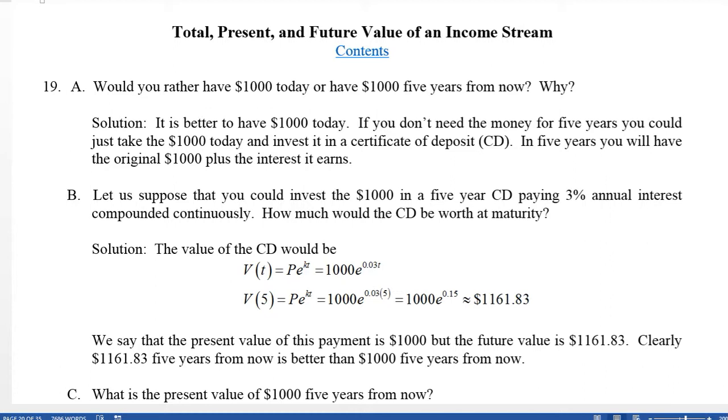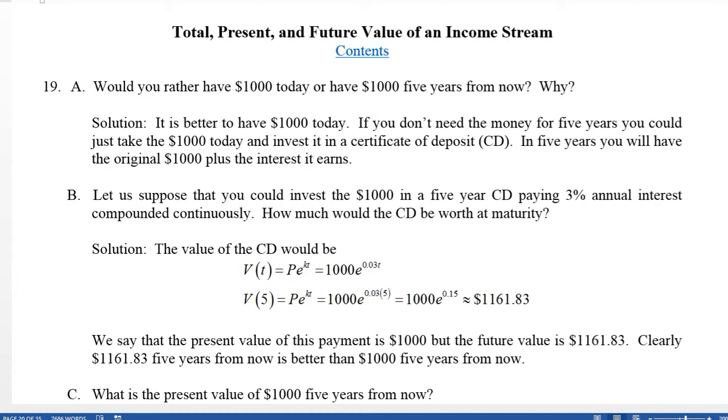So, if you could get the $1,000 now, if you could just buy a CD, then spend it 5 years from now, you would have not $1,000, but $1,161.83. You've earned some interest on top of your principal, and so it's better to have $1,000 now. So $1,000 we would call the present value, and the future value we would call $1,161.83.